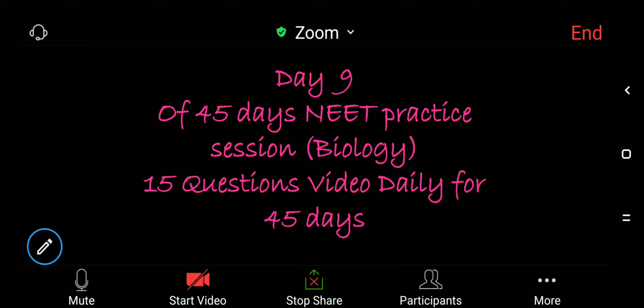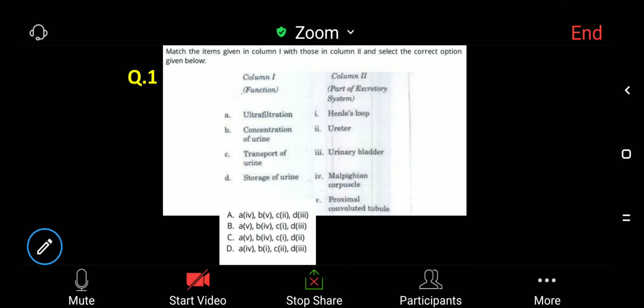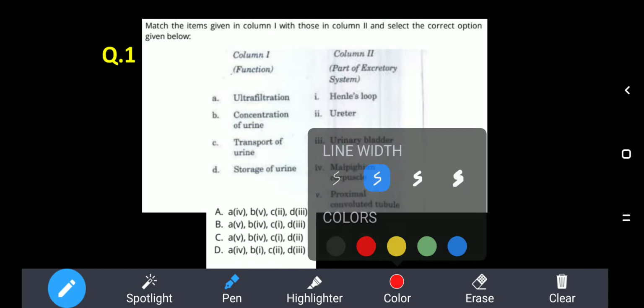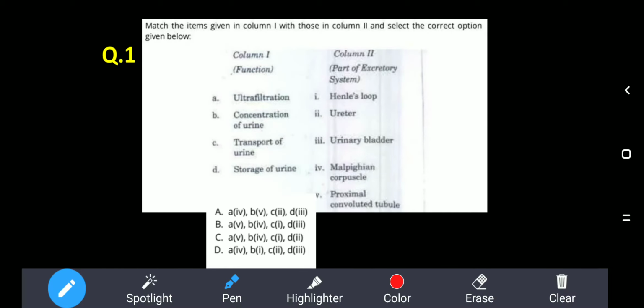So this is day 9 and let us begin with the questions. The way that we solve our questions is we're going to read out the question, we read out the answers, we go for the option explanation and why that is the particular answer.